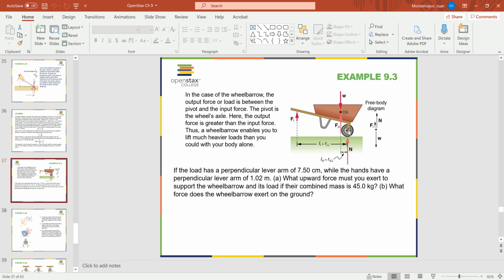Example 9.3: if the load has a perpendicular lever arm of 7.50 centimeters, while the hands have a perpendicular lever arm of 1.02 meters, what upward force must you exert to support the wheelbarrow and its load if the combined mass is 45 kilograms? And B, what force does the wheelbarrow exert on the ground?